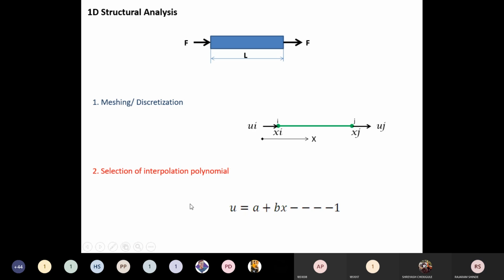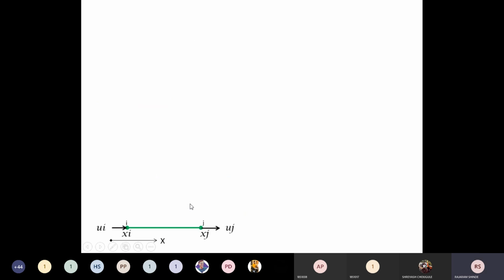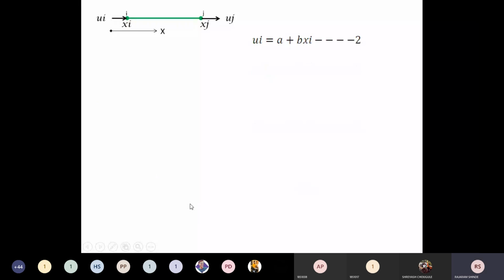Yes, you see here, this is the element, this is the ui, am I right? Ui is equal to a plus b xi, because at node I your displacement is ui and the coordinate is xi.